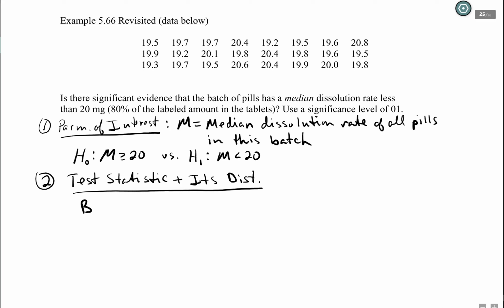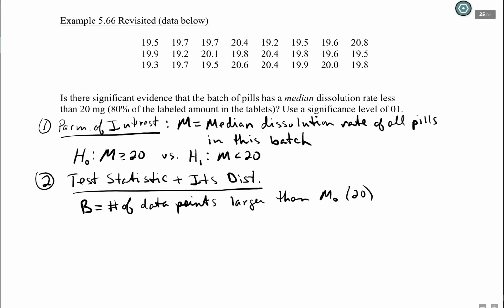The test statistic here is B. And B is effectively the number of data points larger than M naught, which in this case is 20.